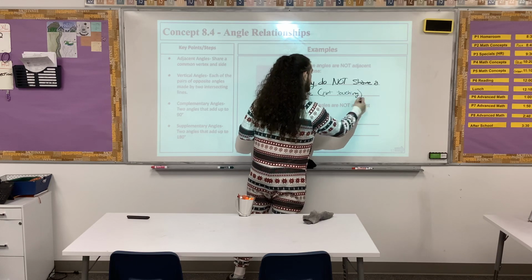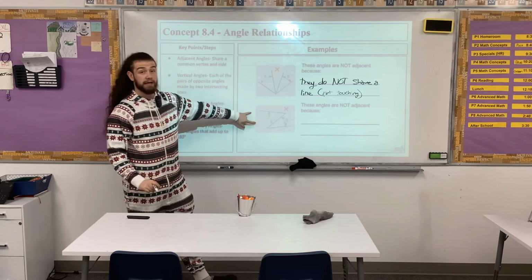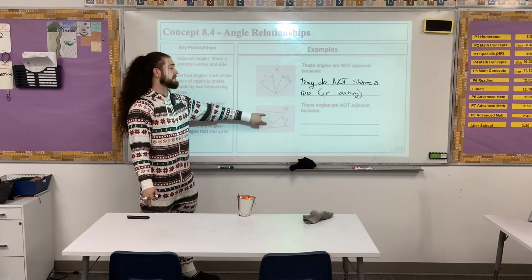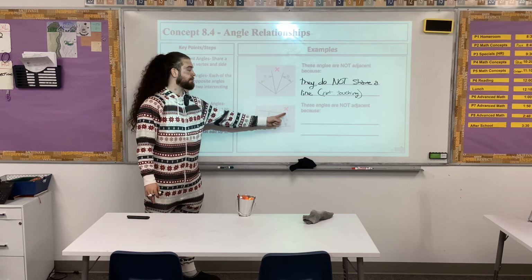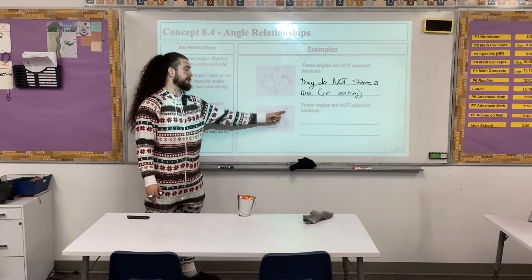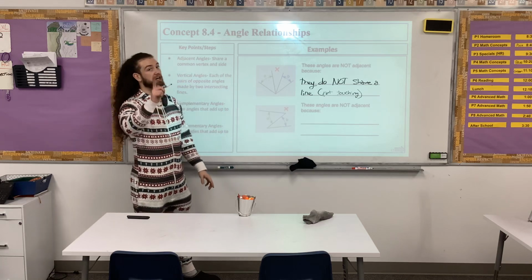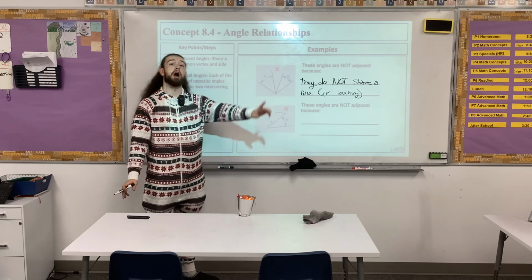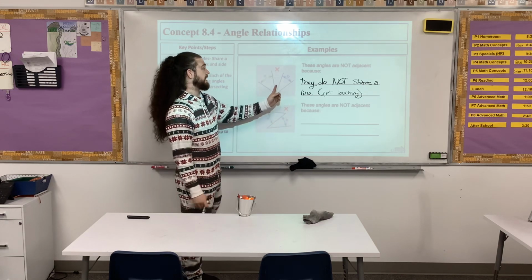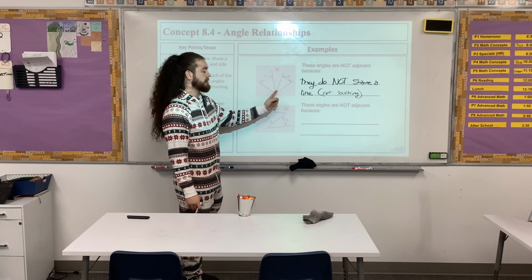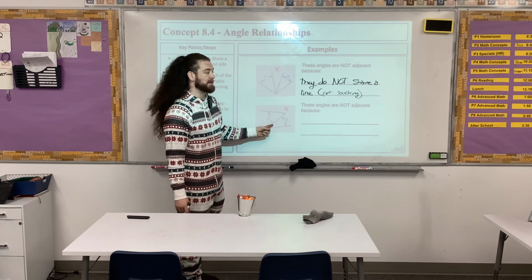Now, these angles are not adjacent either. These angles are not adjacent because they do not use the same vertex. They each have their own vertex. You have to share a common line and you have to share a common vertex. They have the same vertex, not the same line. These ones have the same line, but not the same vertex.